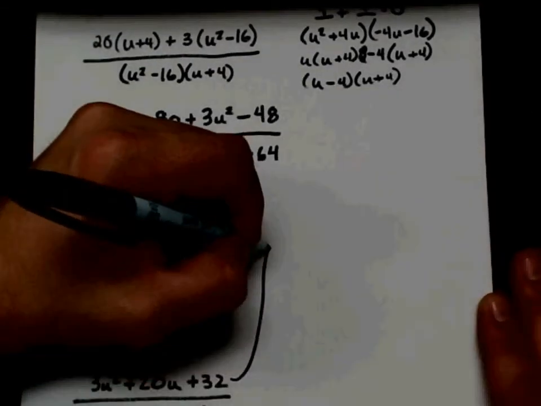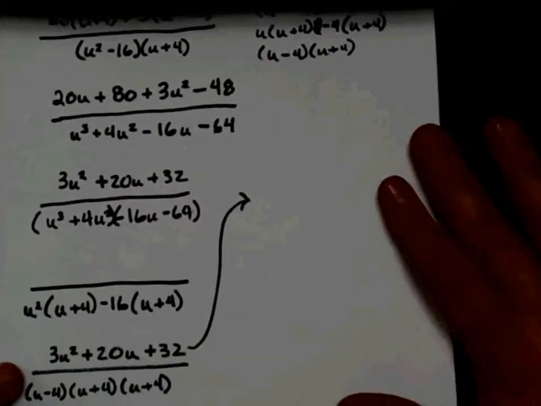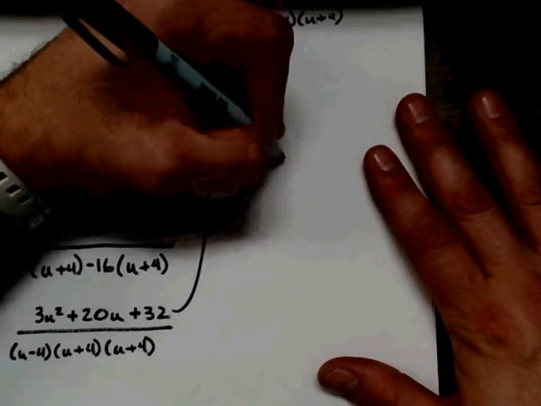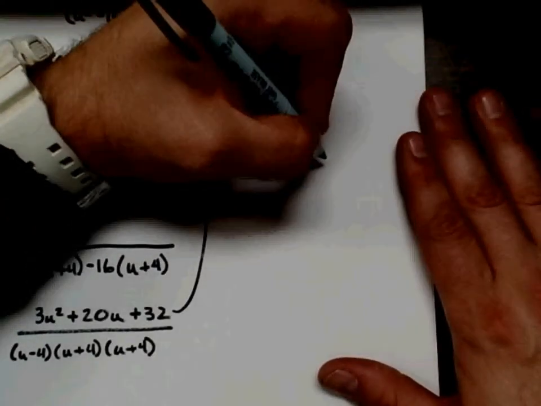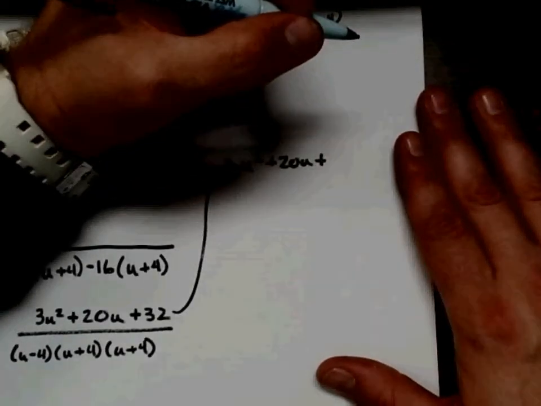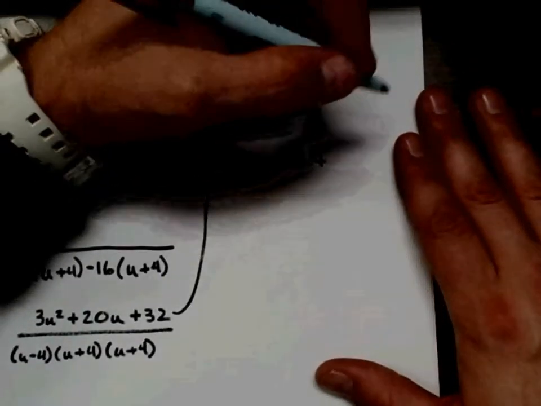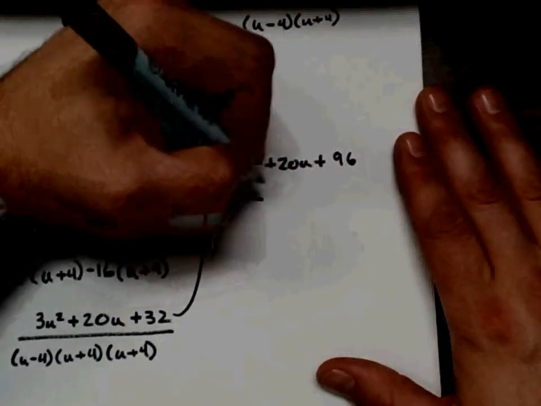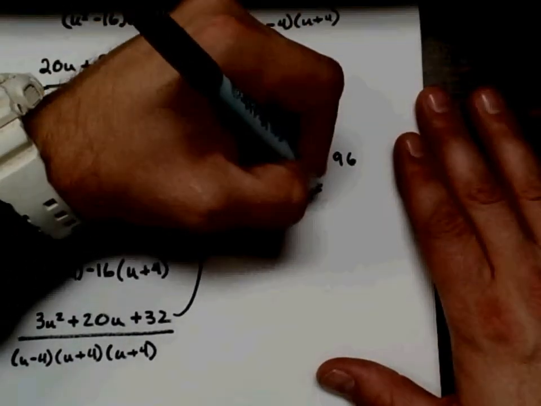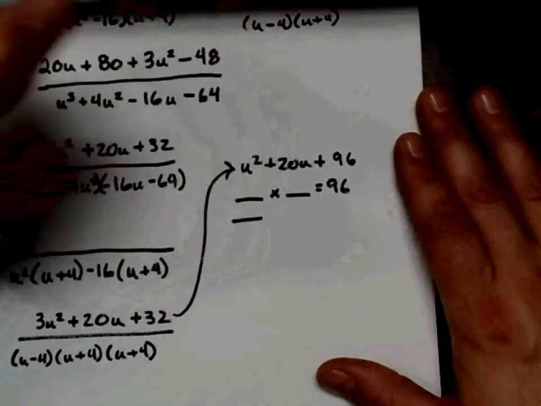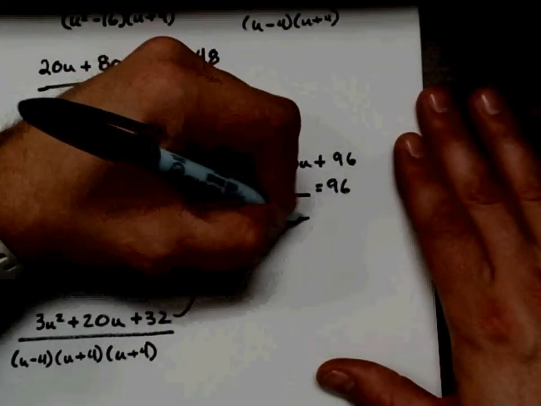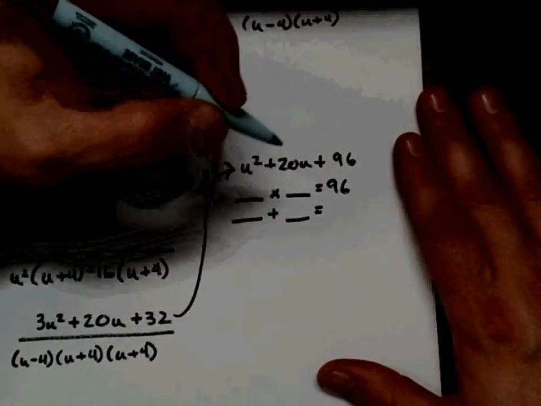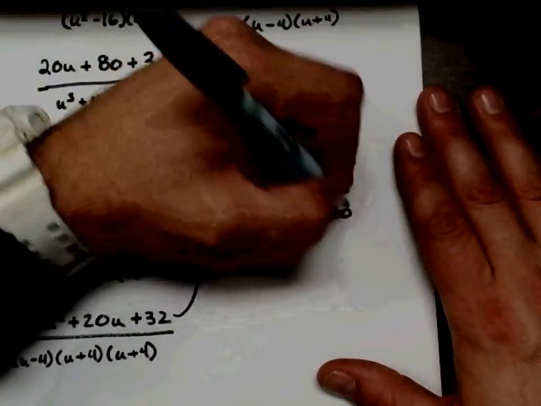So let's see if we can factor this top. Factoring the top, I'm going to do the AC method, which will make u squared plus 20u plus 96. So what multiplies to give 96 and adds to give 20?